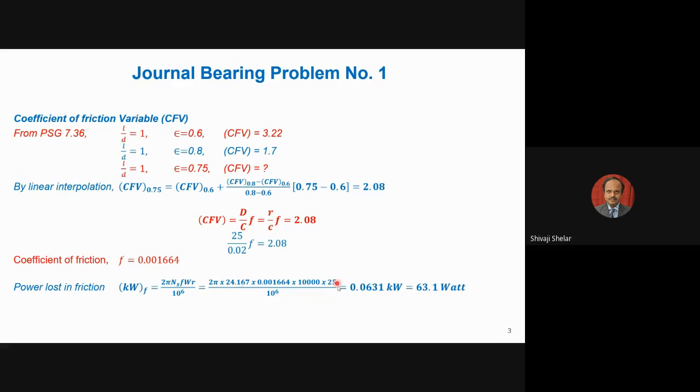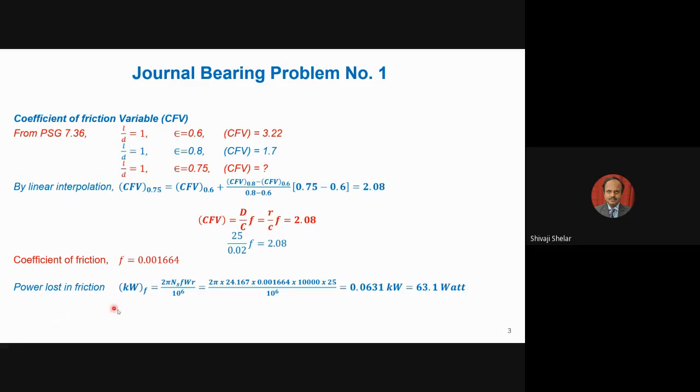This comes out to be 0.0631 kilowatt. Since this value is very small, we write it in watt: multiplying by 1000, we get 63.1 watt. So power loss in this bearing is equal to 63.1 watt.